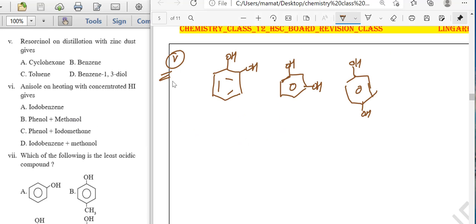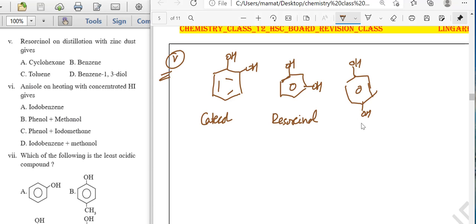Now question number 5. The benzene with two OH groups adjacent to each other is called catechol. And meta position is resorcinol.